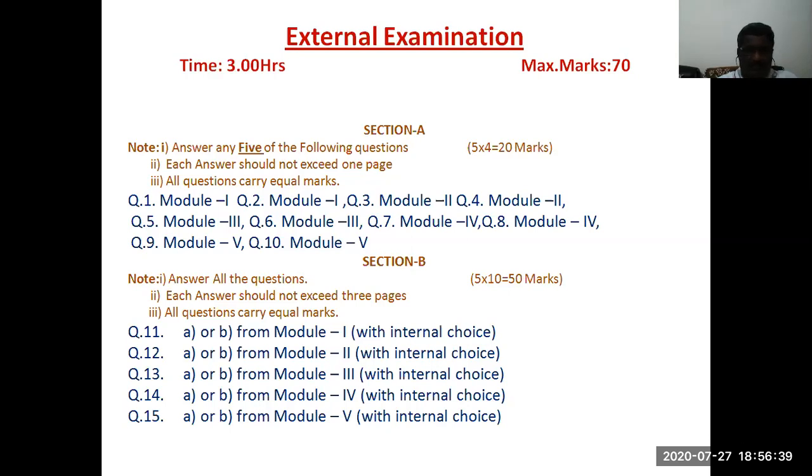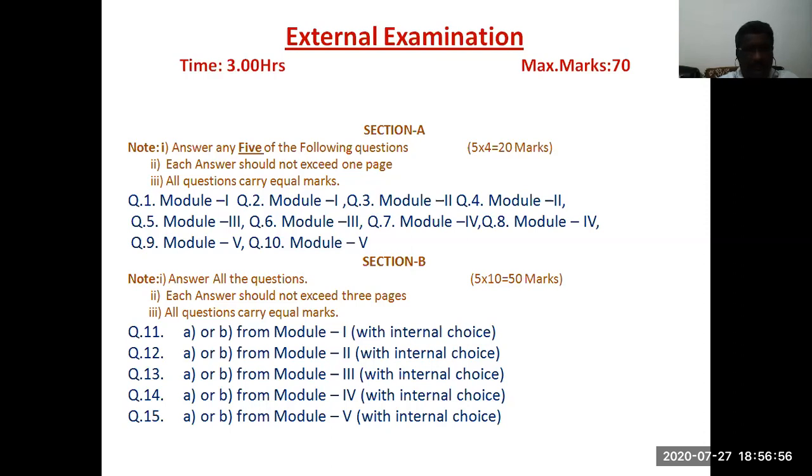In section B, only 5 questions are given. Each question is allotted to each module. But in these 5 questions, each question has an internal choice.